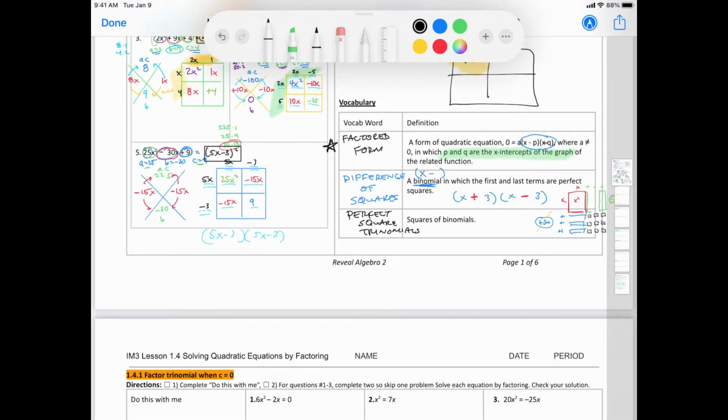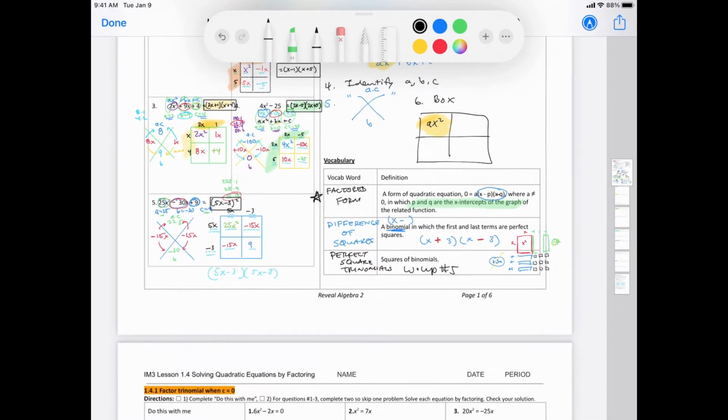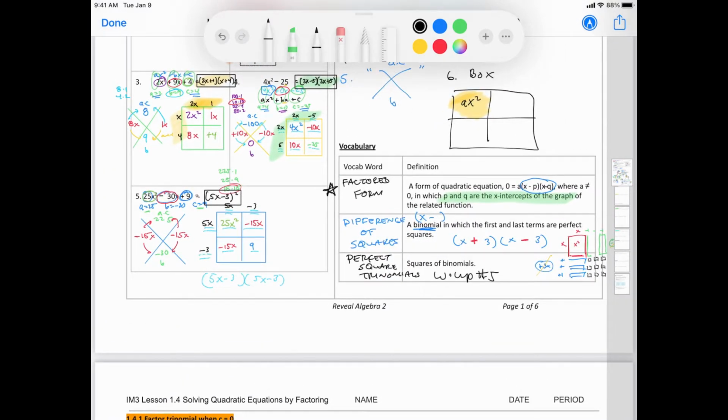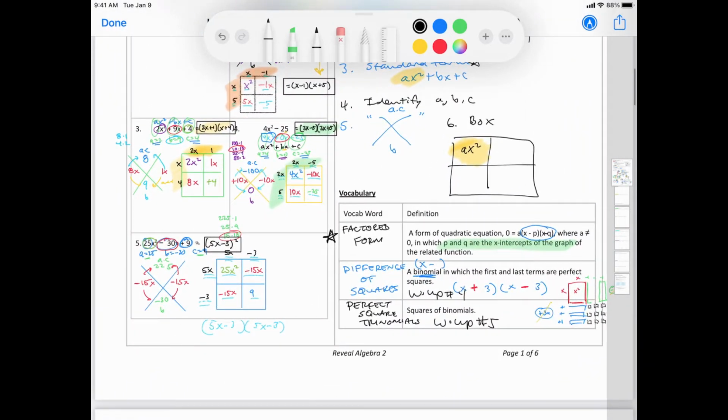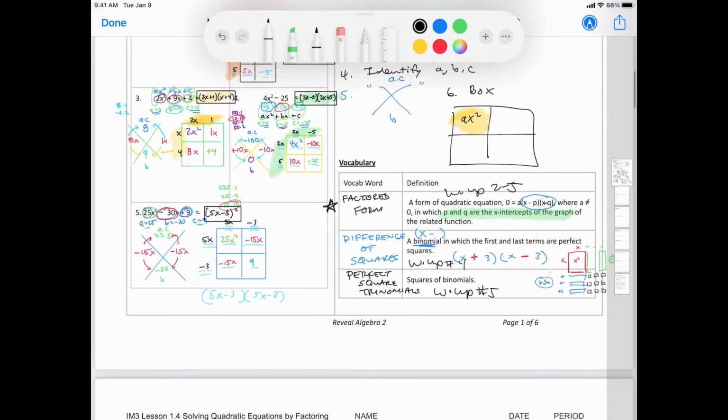And that was warm-up number 5. Difference of squares was the plus and the minus. That was warm-up number 4. And all of those were factored form, questions 2 to 5. Okay? All right, let's move on now to the first one.